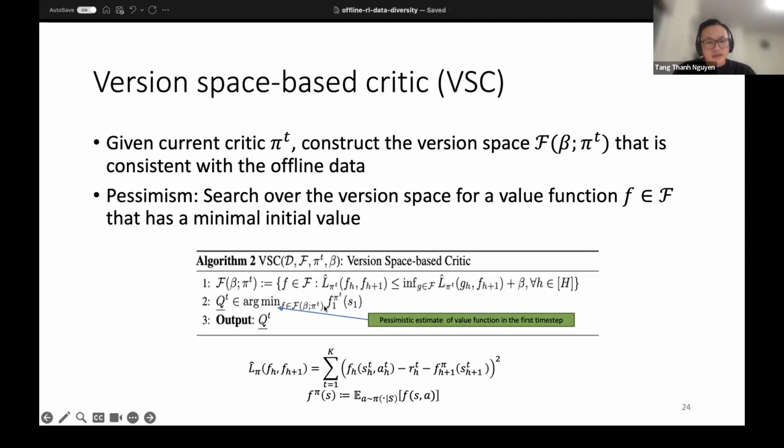In the second line, we take the minimization over all functions in the version space, such that the one with the smallest initial value is chosen. So here we only minimize with respect to the initial value of the function. The idea is to encourage pessimism in the value function at the first time step. Then we output the value function, which tends to be the pessimistic value estimate of the current actor pi t. That's the model for the version space critic.